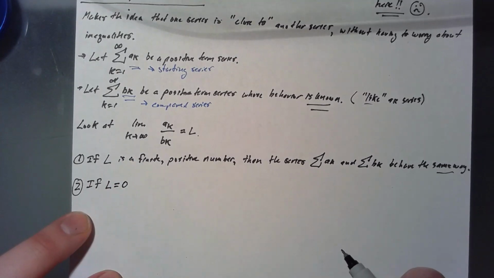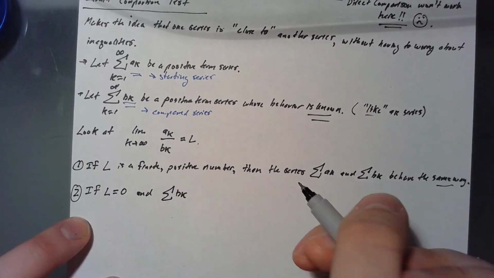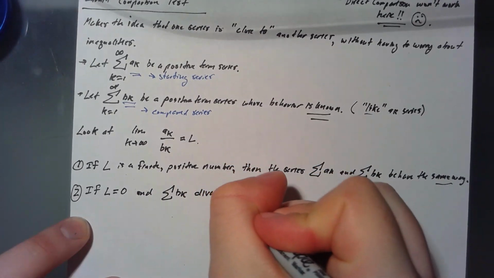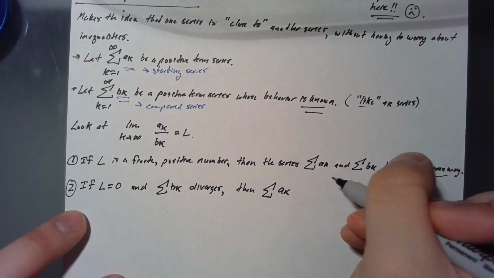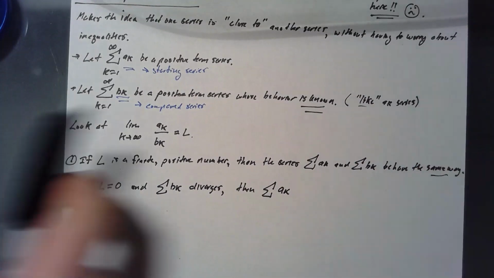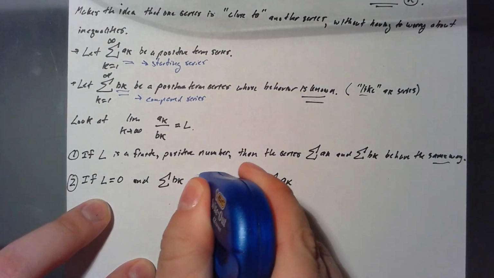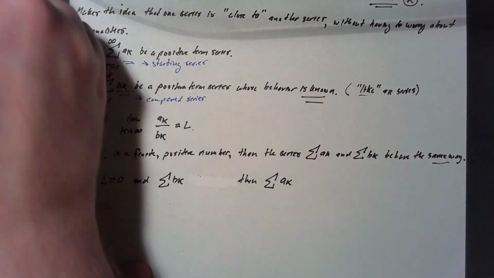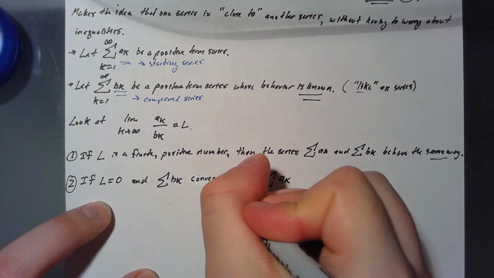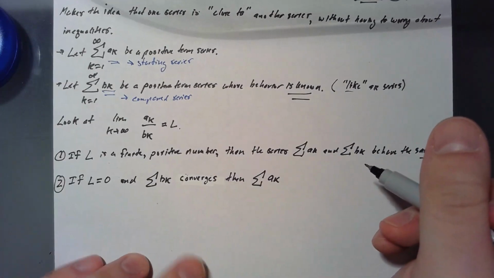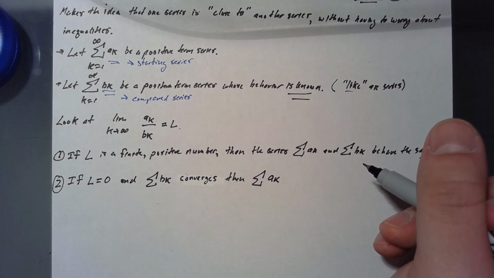The second possibility: if L is equal to 0, and the series that I'm comparing it to, b of k, converges, then a of k will also converge.